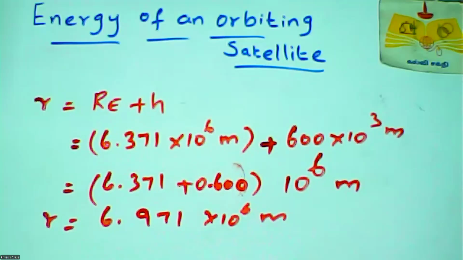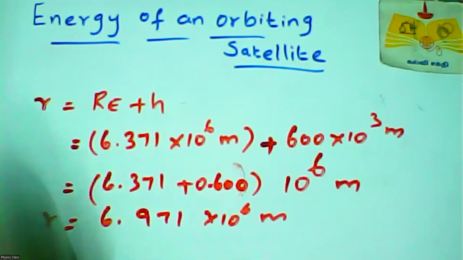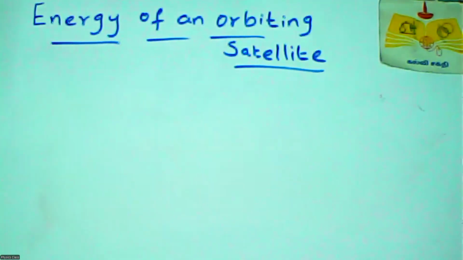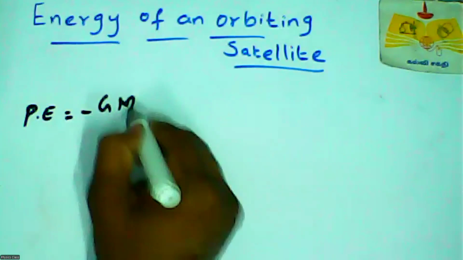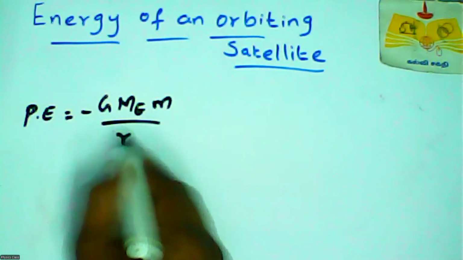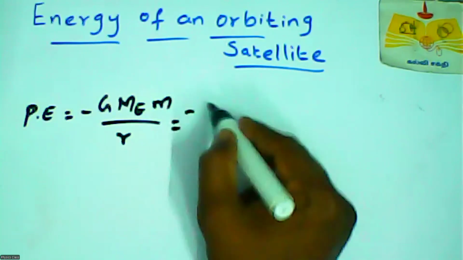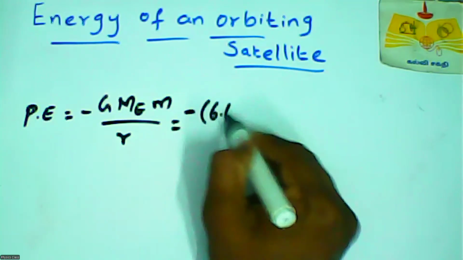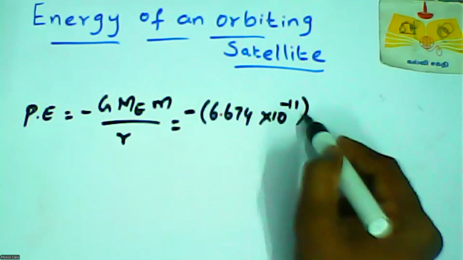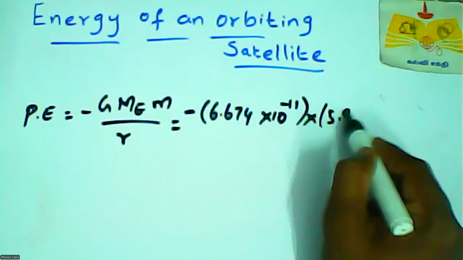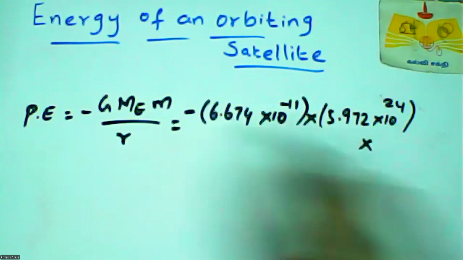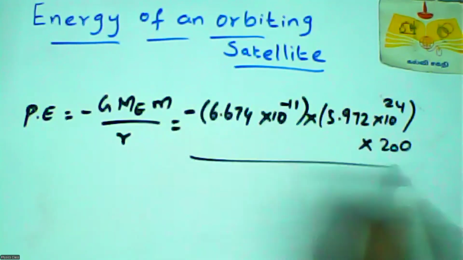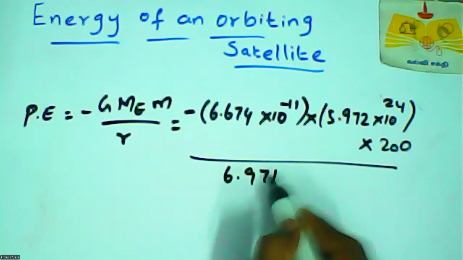You have to find the energy. Before that, you have to know the orbital radius R, because R is very important in these terms: gravitational potential energy and kinetic energy. The gravitational potential energy formula is minus G M E m by R, where R is the orbital radius. Here you can put the values: G, the gravitational constant, 6.674 into 10 power minus 11; M E, the mass of the Earth, the exact value 5.972 into 10 power 24 kg; the mass of the satellite 200; divided by the orbital radius 6.971 into 10 power 6.